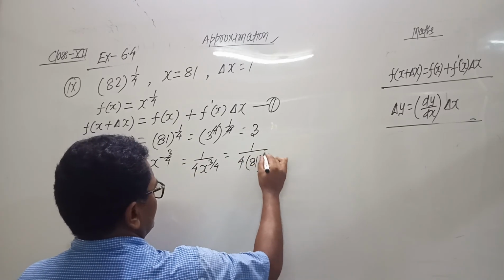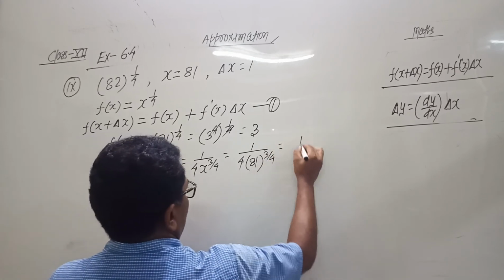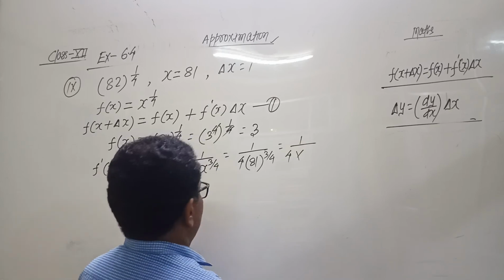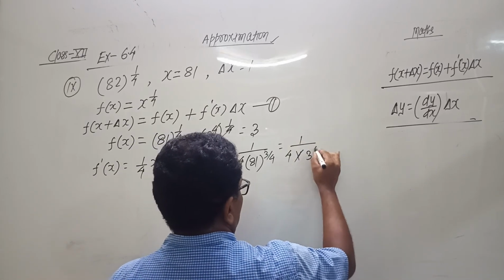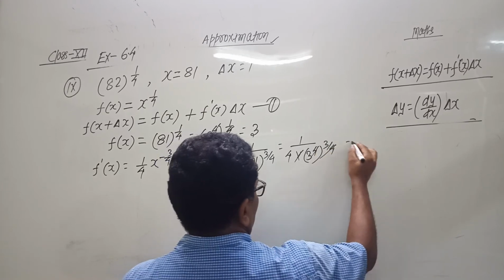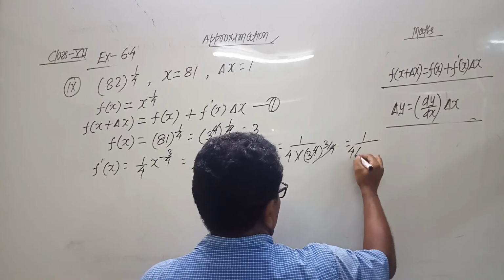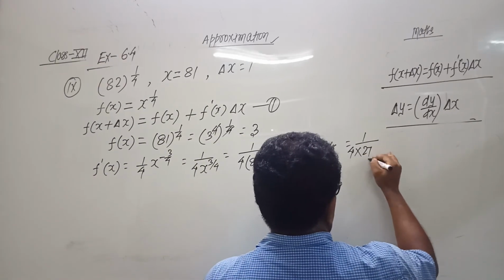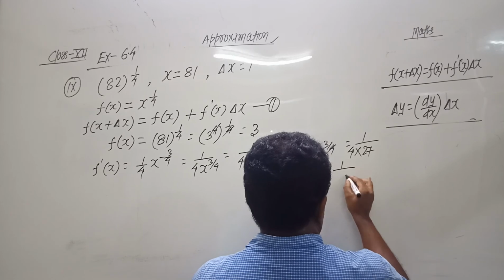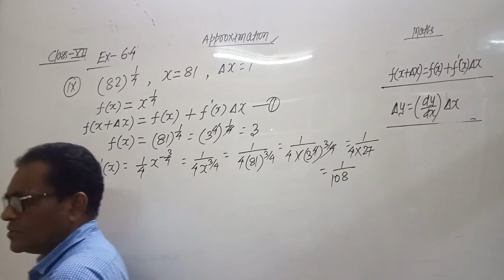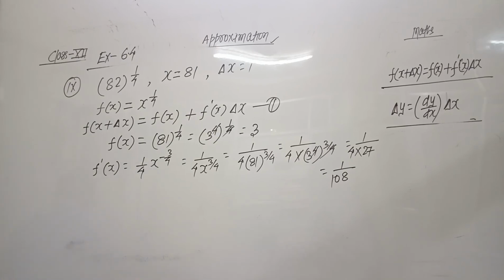So 1 by 4 into 81 is written as 3 raised to the power 4 and whole raised to the power 3 by 4. 4 and 4 get cancelled. So 1 by 4 into 3 raised to the power 3. This is 27, and 1 upon 108. We get the value of f dash x as 1 upon 108.